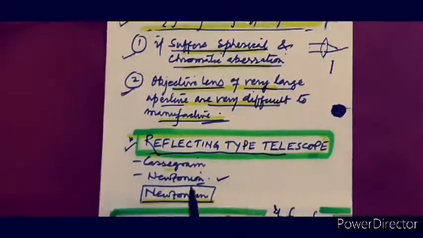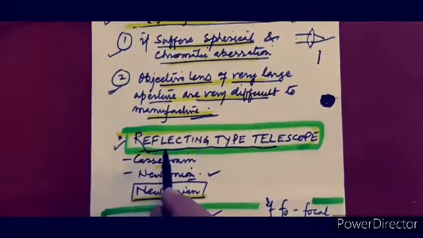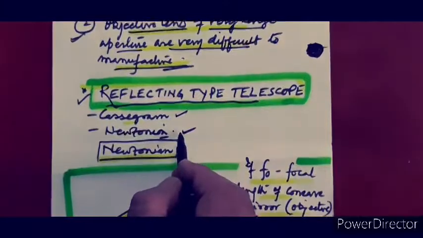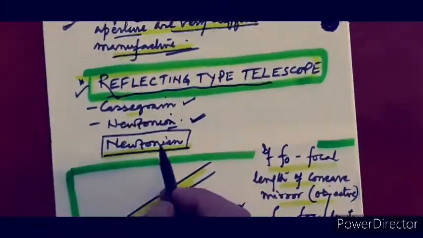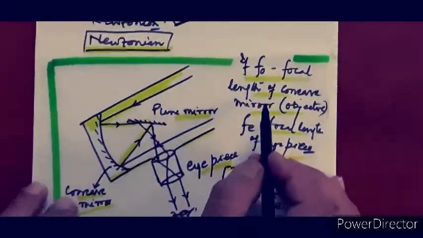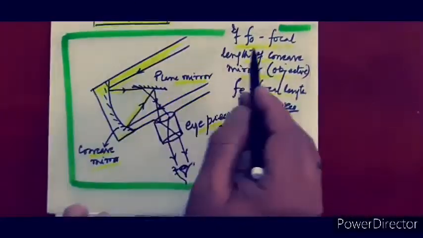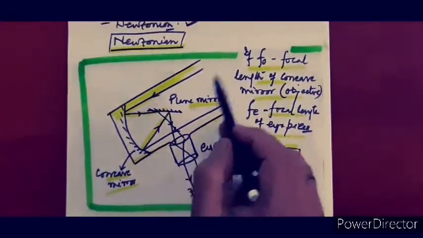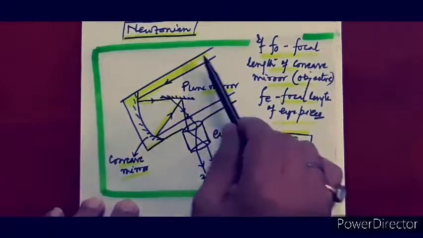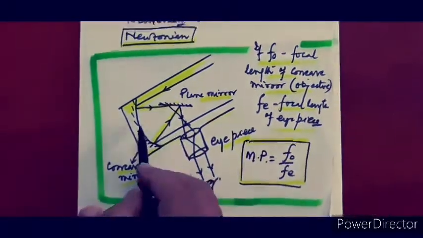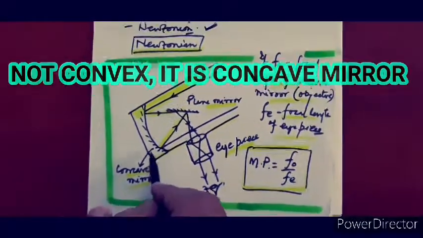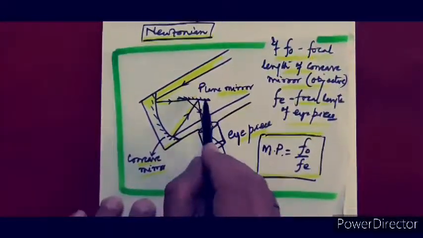The reflecting type of telescope has two types, Cassegrain and Newtonian. We have to study only the Newtonian briefly according to the syllabus. Now see the ray diagram of the Newtonian. Here the parallel beam is incident on a concave mirror, and here is a plane mirror.